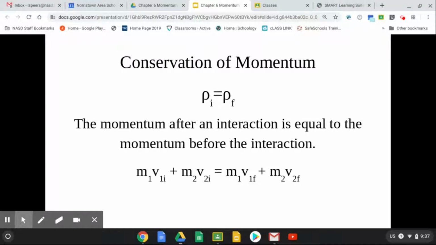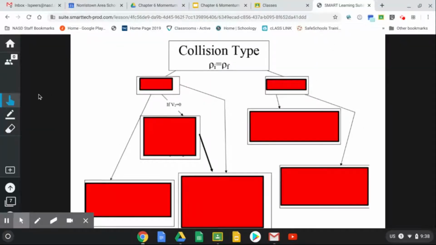Now we're going to look at situations where the initial momentum is not 0. One or both of the objects are in motion and they come together in a collision. So let's talk about collisions.